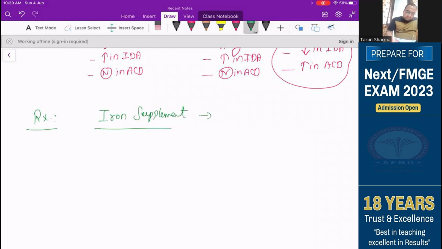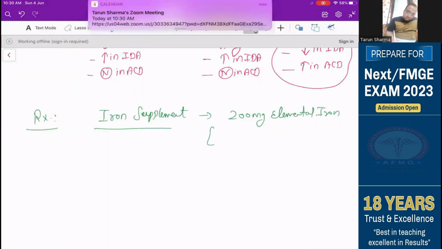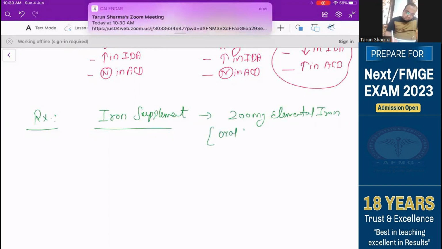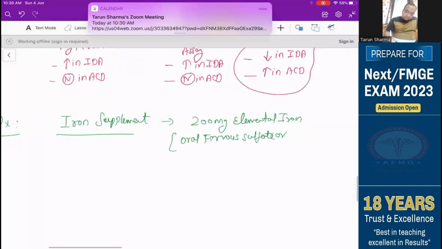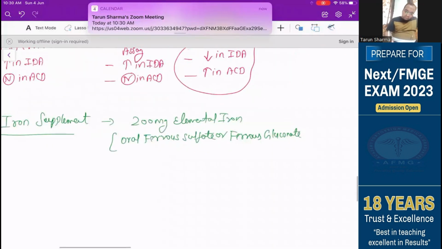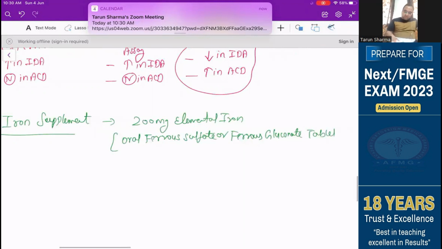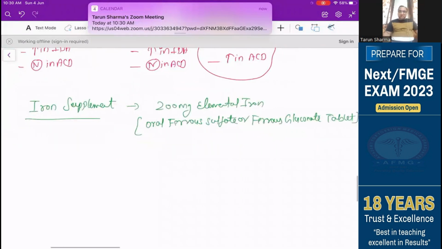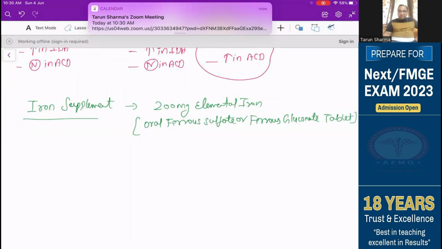So we have to give 200 milligram elemental iron in the form of oral ferrous sulfate or ferrous gluconate tablets. So 200 milligram elemental iron will be given in oral tablet form, that is ferrous sulfate or ferrous gluconate.